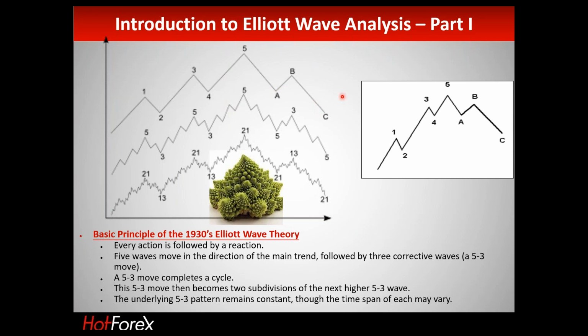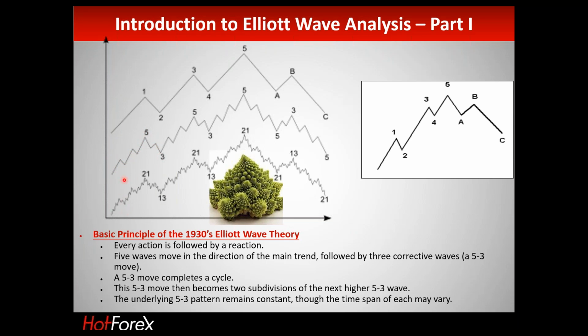So ideally, smaller patterns can be identified within bigger patterns. So if we zoom in, if I cut just this wave, this 1, 2, and I zoom into a smaller time frame, I can see, oh, again, I have 5 motive waves, 1, 2, 3, 4, 5, and then 3 corrective ones, 1, 2, 3.